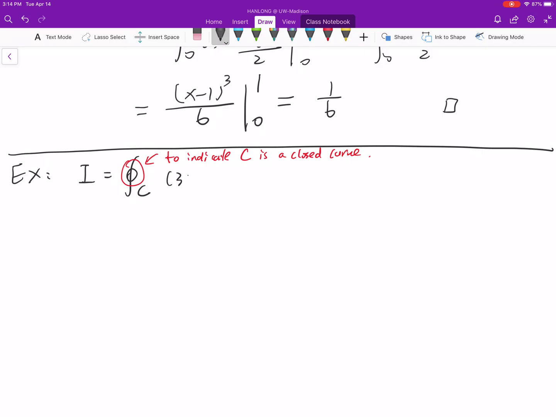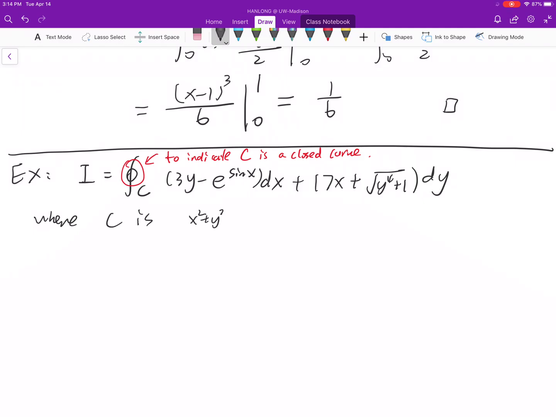Okay, so the integral of 3y minus e to the sine x dx plus 7x plus y to the fourth plus 1 dy, where C is x squared plus y squared equals 3 squared, counterclockwise oriented.